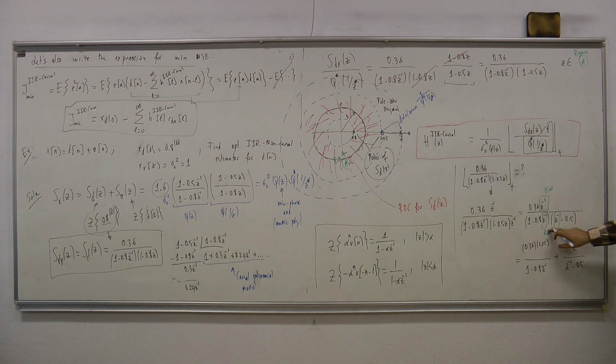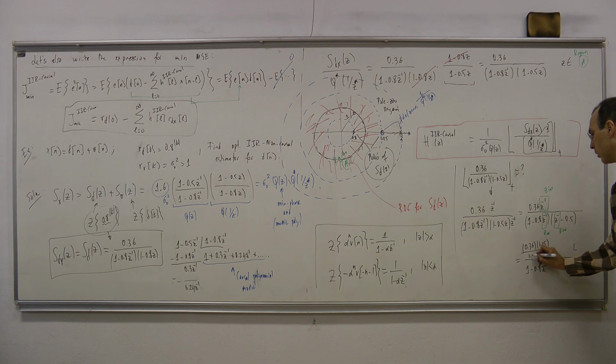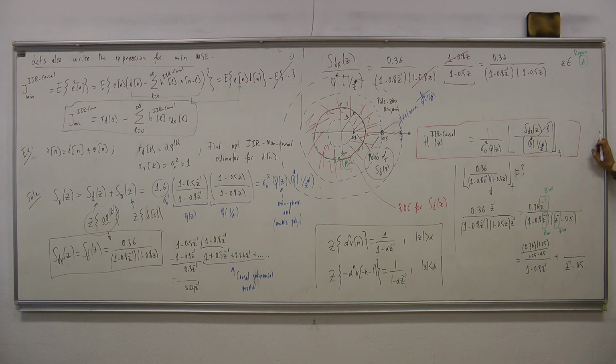Instead of Z inverse, I'm writing 1.25 over here, divided by 1.25 minus 0.5 for this. If you cannot remember this calculation, please check your notes, okay?